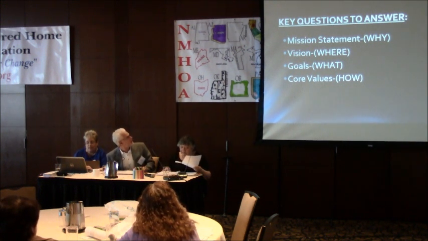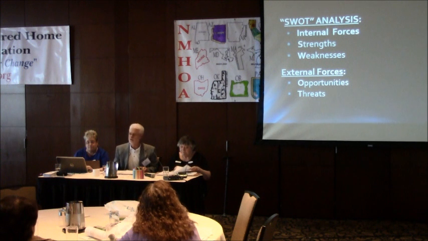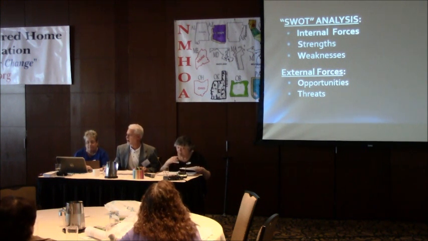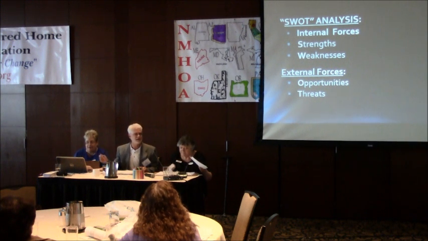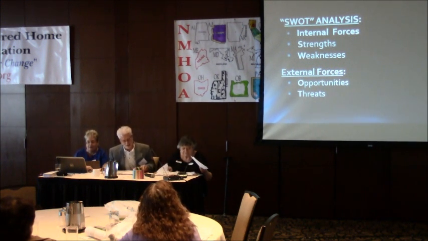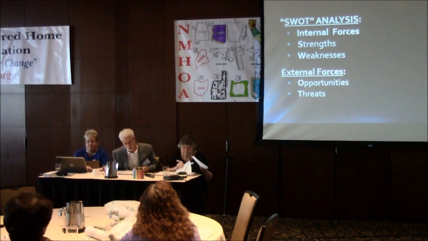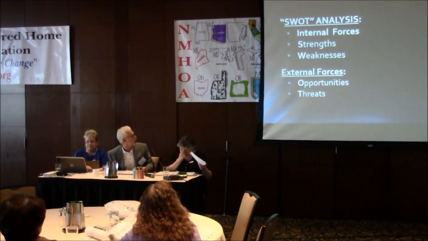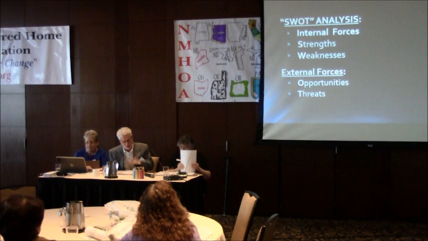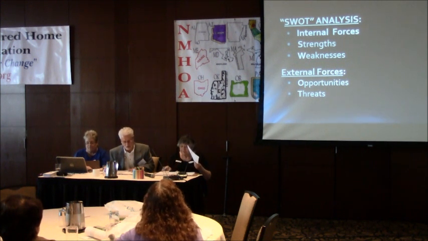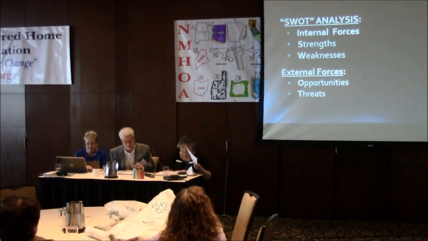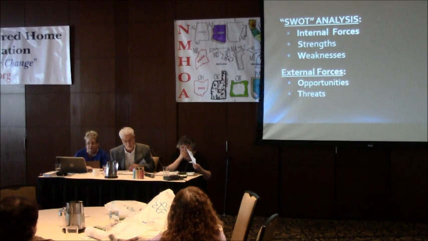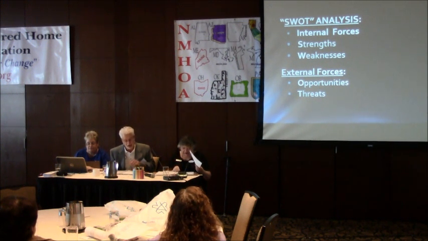Next slide. One is called the SWOT analysis. Anyone heard of the SWOT analysis? S-W-O-T, not S-W-A-T. That stands for strengths, weaknesses, opportunities, and threats. And you have internal forces and external forces. The internal forces are internal competencies, financial, managerial, functional, and organizational capabilities, reputation, and history.